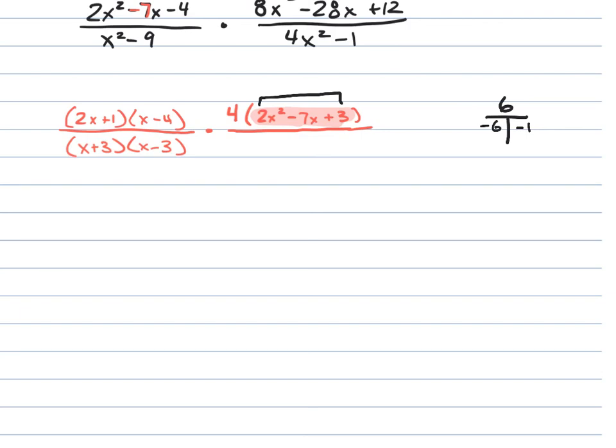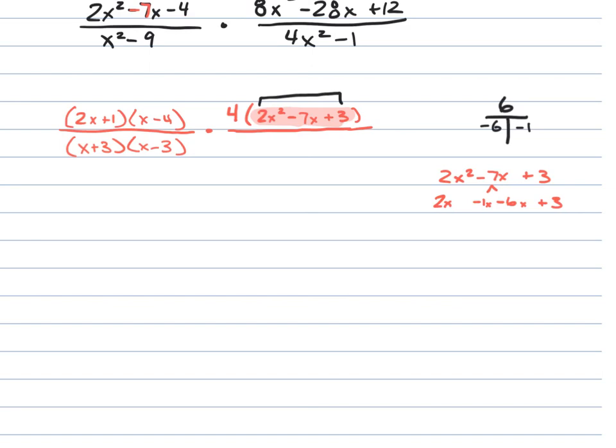Okay, so let's just do that work over here. We've got 2x squared minus 7x plus 3. And we're going to break that negative 7x down into a negative 1x and a negative 6x. Don't forget the x's that go on there. It's a common mistake, and then people have a misfactoring.